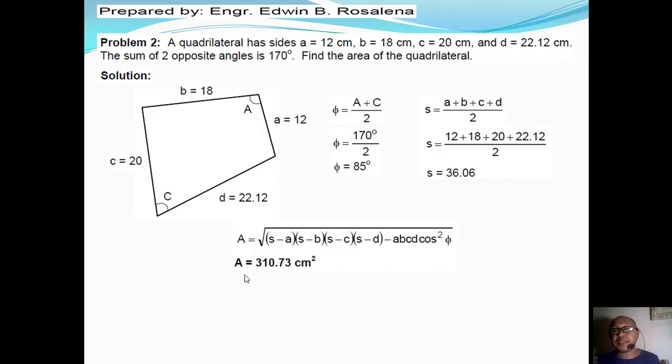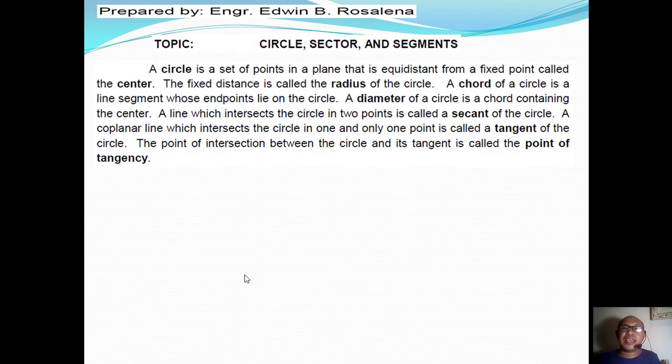Okay, so that is about the remaining topics for quadrilaterals. Now, we have the cyclic quadrilaterals and then the general quadrilateral. Next, we have circle, segments, and sectors. Okay, so a circle is a set of points in a plane that is equidistant from a fixed point called the center.